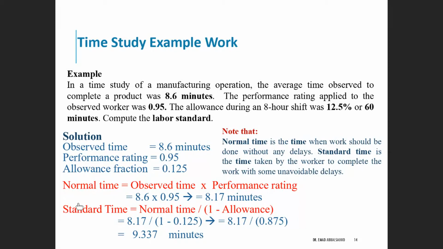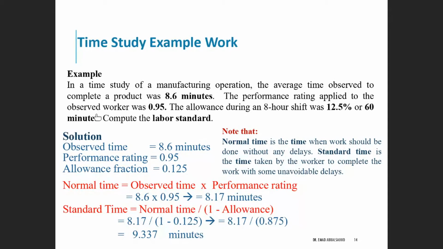So that is 0.125, which is 12.5%, and that is the fraction of the allowance, or the 60 minutes as the time. Compute the labor standard. So we want to find the standard time.